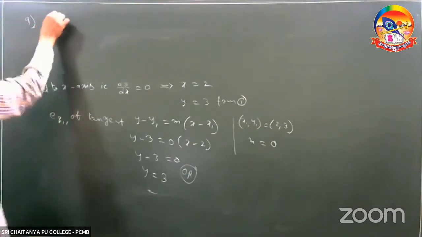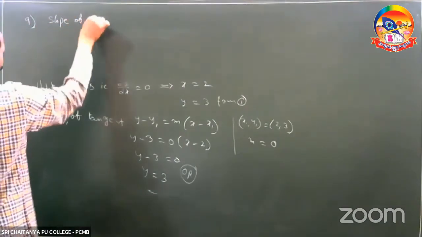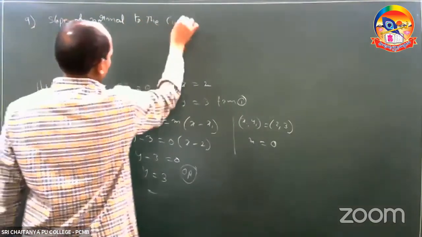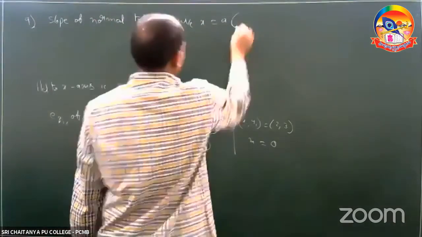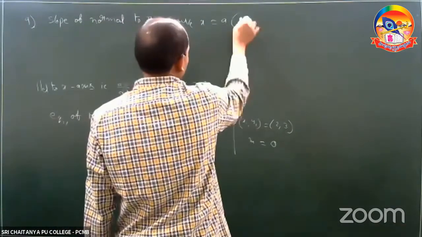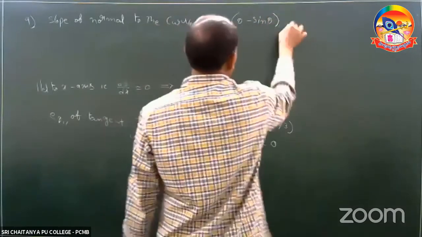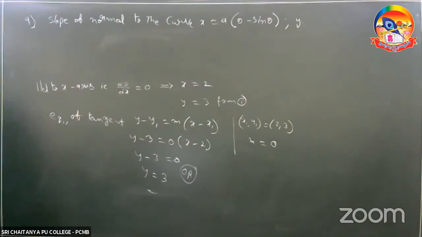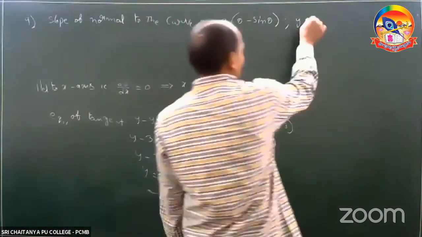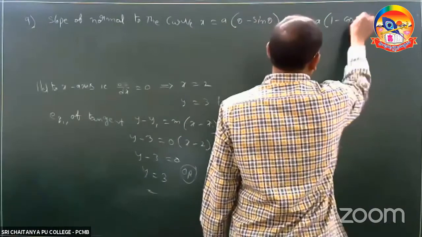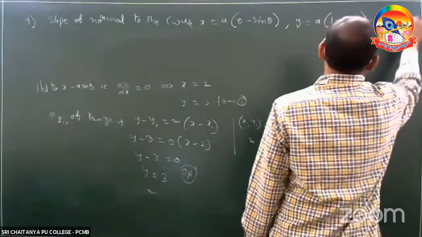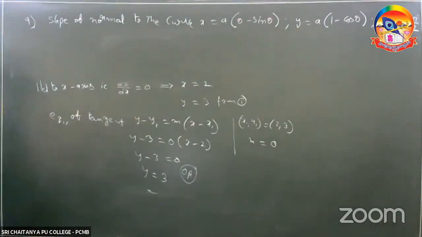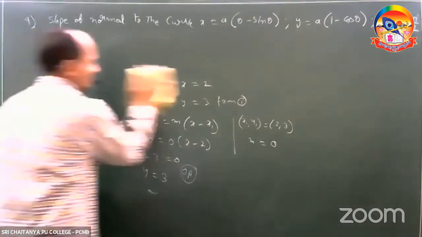The slope of normal to the curve x is equal to a into theta minus sin theta, comma y is equal to a into 1 minus cos theta at theta is equal to pi by 2.